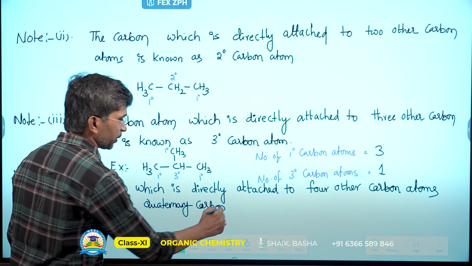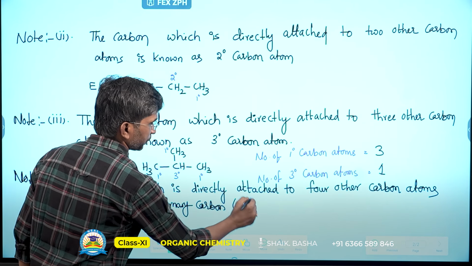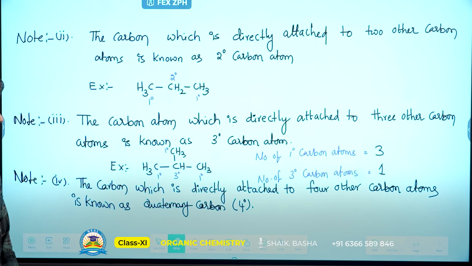So quaternary carbon is represented by 4 degree. One example we will discuss here.